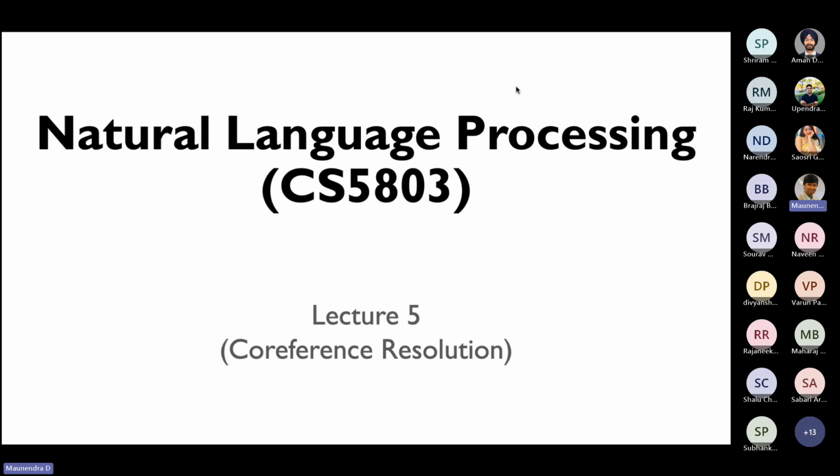When we go through those examples, it will be clear that understanding co-references actually requires a good understanding of the semantics and the organization of the input text. So it is one of the tasks which requires deeper understanding of the input.